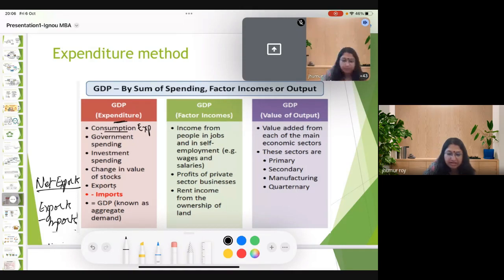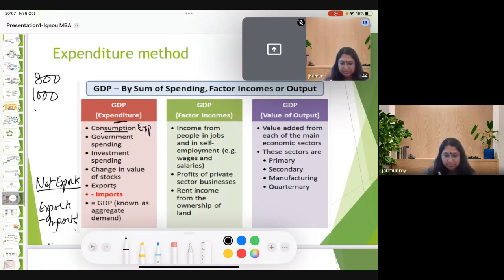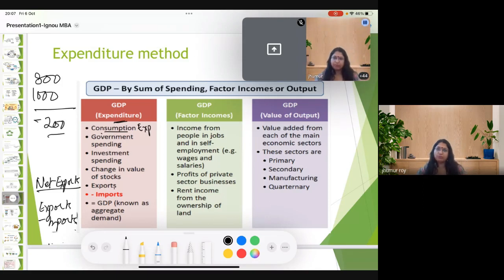Suppose I have bought things worth 1,000 rupees, and I have sold things worth 800 rupees. That means what I've earned from imports is only minus 200. Means I am in a loss because I bought more things from other countries and I have only managed to sell very less things to them. So this is the expenditure method.